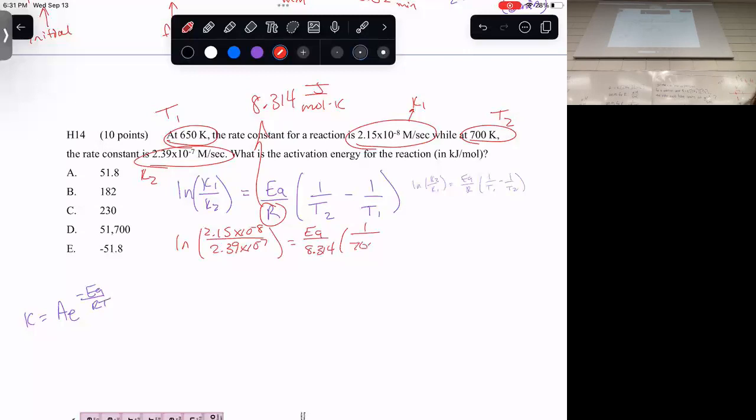T2 is 700 and T1 is 650. I would solve for your ln, and be mindful of your parentheses as well.